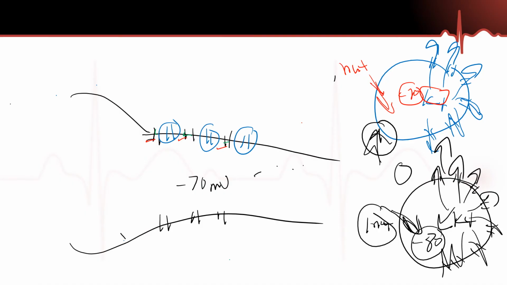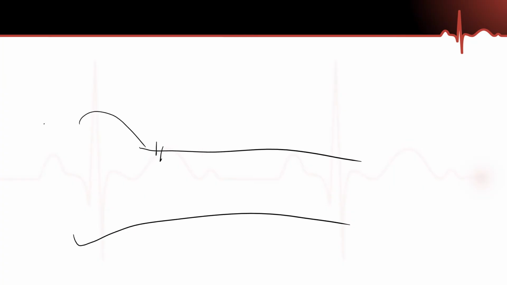And that's directly applicable to what we need to talk about over here, where at negative 70 millivolts, which is usually the neuron's resting membrane potential, these potassium channels stay open. I'll draw it again.